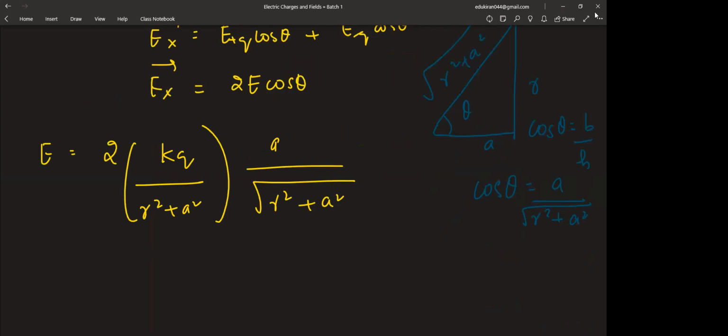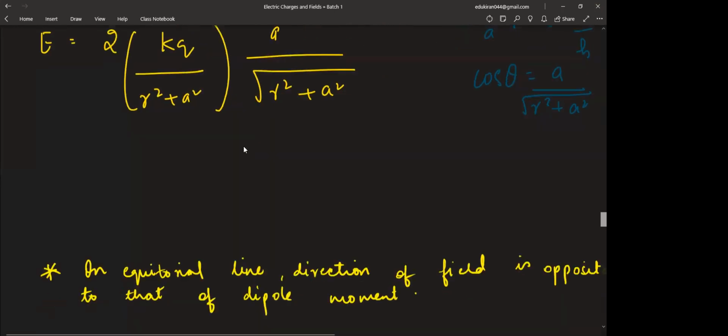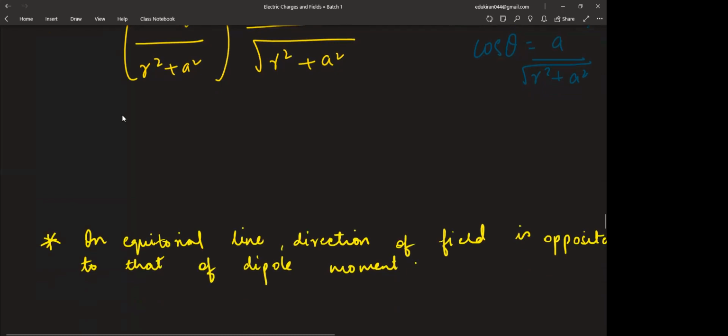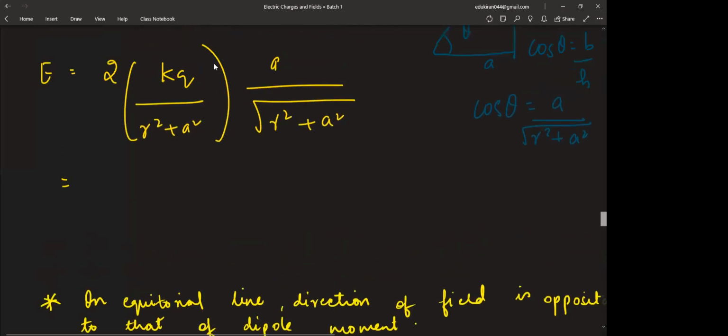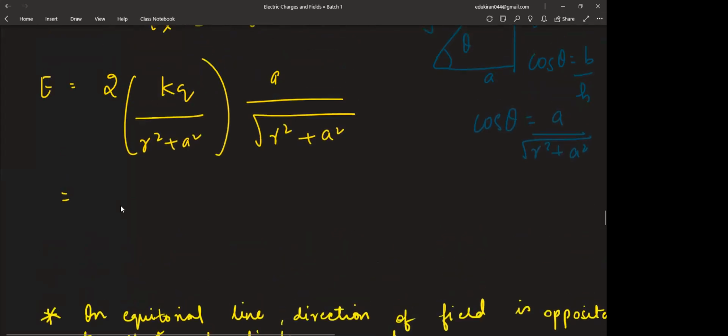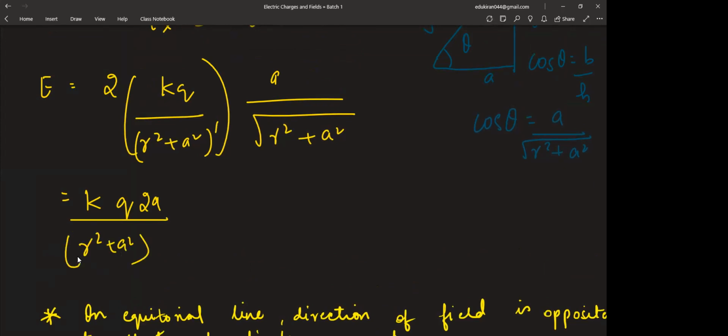Now class, if we write this, it will be equal to KQ into 2A divided by R square plus A square to the power 1, this is to the power half. Half plus 1 becomes 3 by 2.